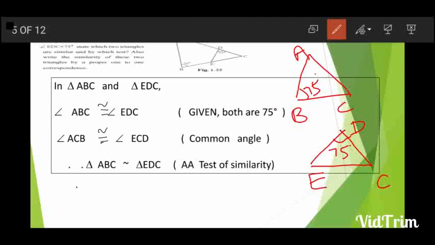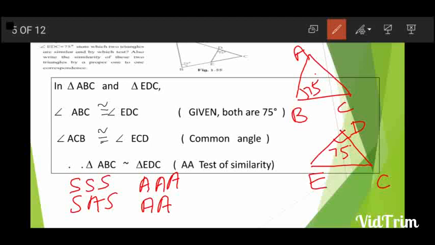Now children, for any triangles to be similar, we have four tests, that is SSS, SAS, then AAA and AA. But here the information given is about only one angle. That means at least one more angle should be given, but they have not mentioned anything. Then we have to find it by ourselves.